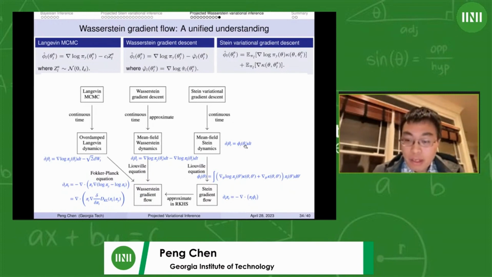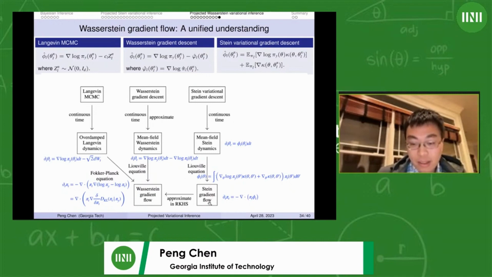In fact, phi of t is the projection of this term in the reproducing kernel Hilbert space, given by the integral here. In this deterministic case, by the Liouville equation, we end up at the Wasserstein gradient descent, the gradient flow. And for the Stein version of gradient descent, we have the Stein gradient flow.